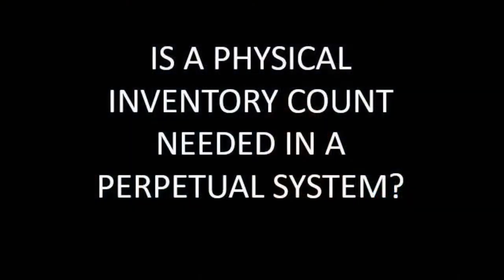Additionally, maybe a restaurant where they have a fair amount of inventory, but it moves quickly, meaning they don't have a lot on hand at any one point in time. Again, a perpetual system might be more than what they need, and a periodic system would do just fine. So although in a lot of large companies you will often find a perpetual system, periodic systems are still used for small companies often.